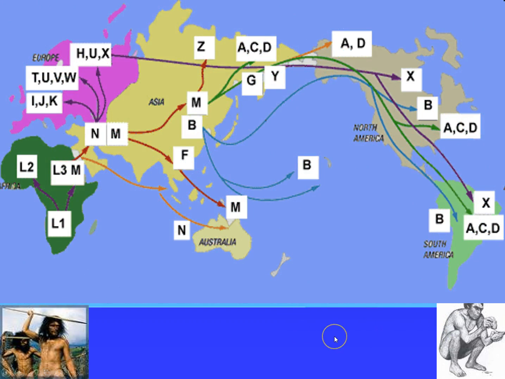And it's bolstered by modern day DNA evidence, because looking at a lot of Native American peoples, they can see similarities with Asian DNA genetic lines.